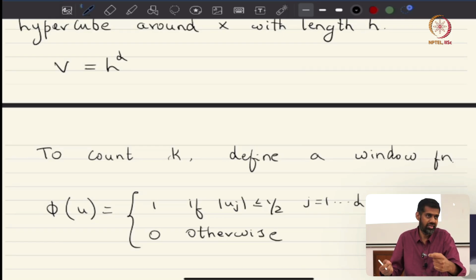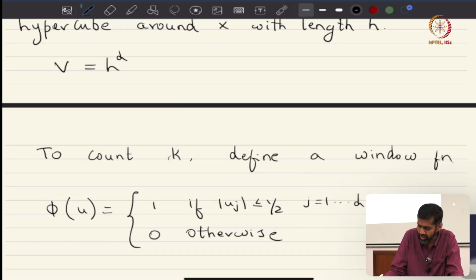It's just a unit hypercube, okay, centered around 0. Do you see this? This is a unit hypercube in a d-dimensional space centered around 0, right, with length 1. So if the magnitude on both sides is less than half, then it is counted as 1, or 0 otherwise. It is actually an indicator. So if a point is within this unit hypercube, then it is counted as 1, or 0 otherwise.